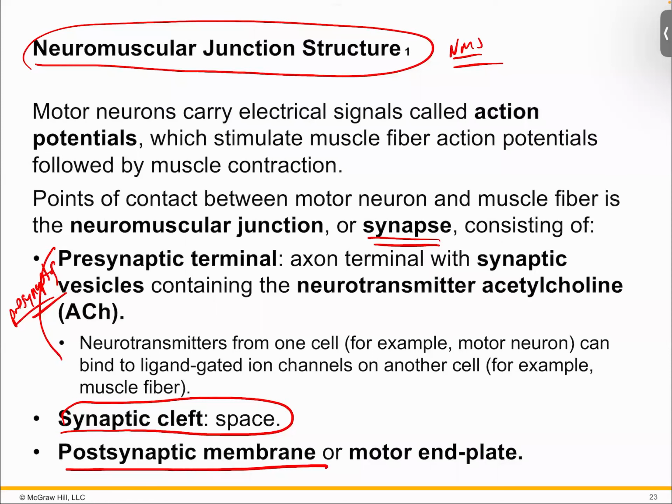Now for us, the presynaptic cell is the motor neuron. The postsynaptic cell is the muscle fiber. We already talked about the muscle fiber and kind of moved down from there. So now we want to talk a little bit about this connection. And of course, you have a synaptic cleft, the space between presynaptic and postsynaptic target.